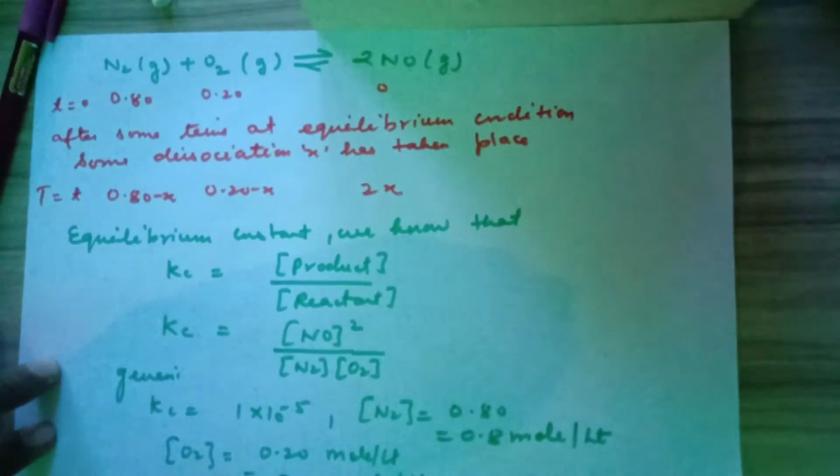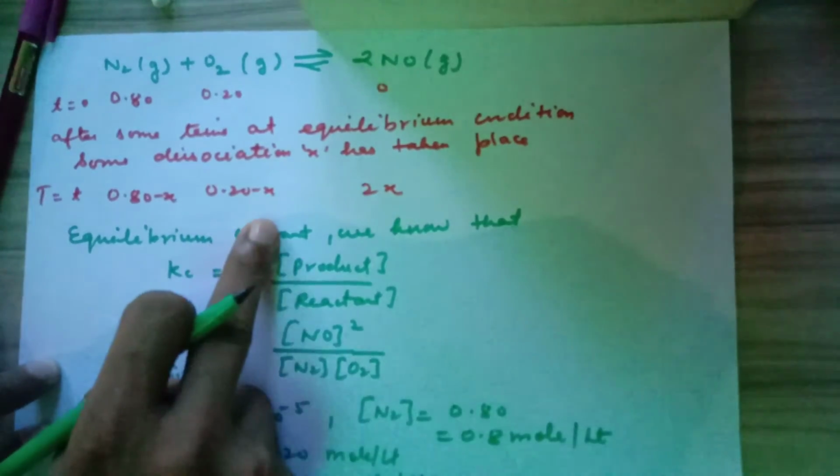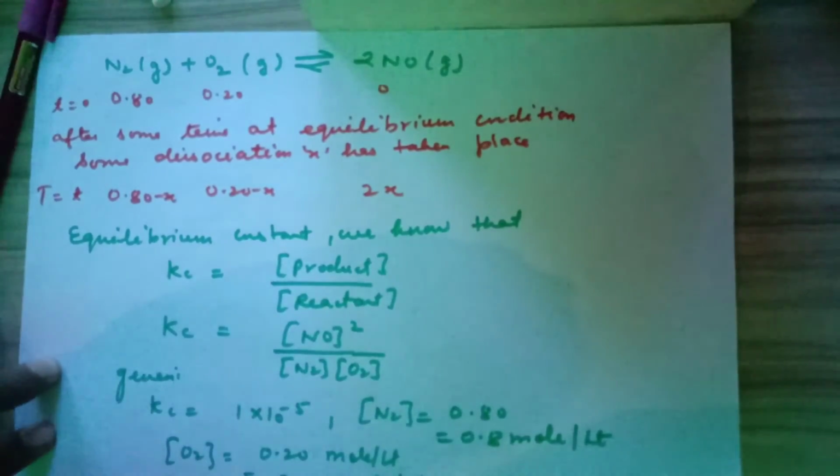This was your condition initially. So 0.80 minus x can be taken as 0.8 minus x, 0.20 can be taken as 0.2 minus x. NO will be 2x only.